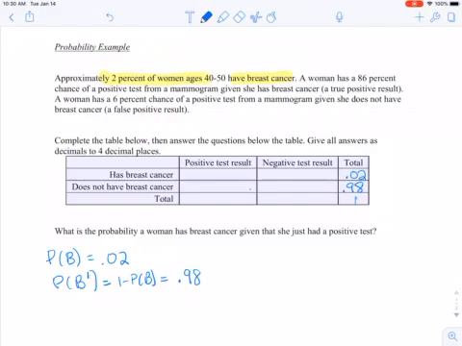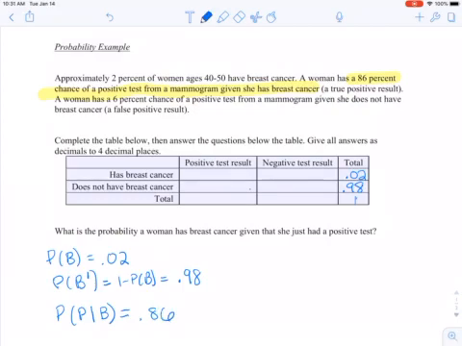Okay, let's look at the other information that's given to us here. A woman has an 86% chance of a positive test from a mammogram given she has breast cancer. So that's telling us the probability that she has a positive test result given, remember we use the straight line here, that she has breast cancer is 0.86.